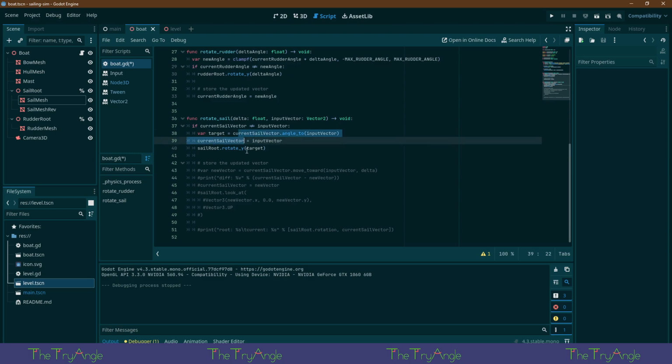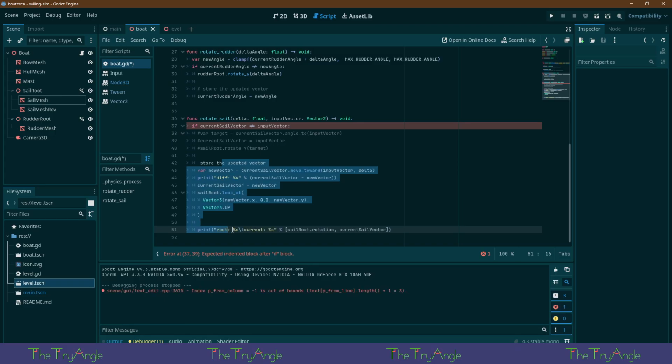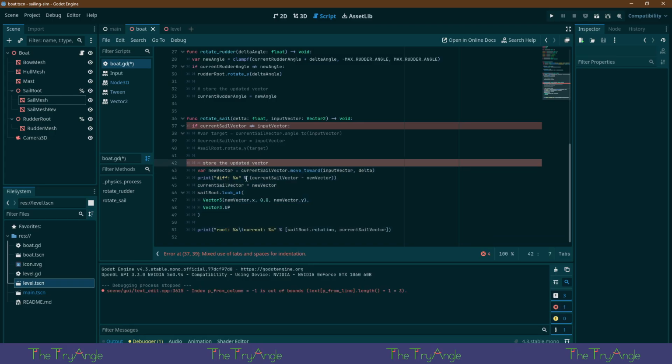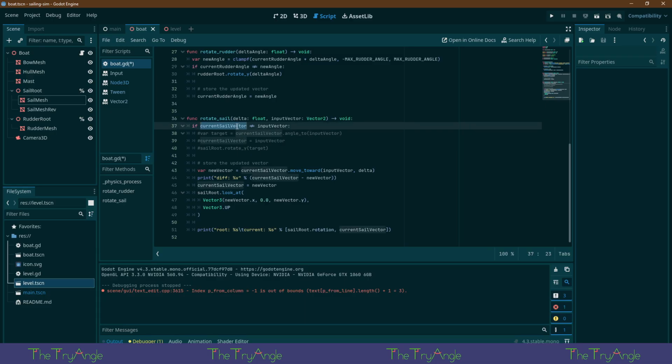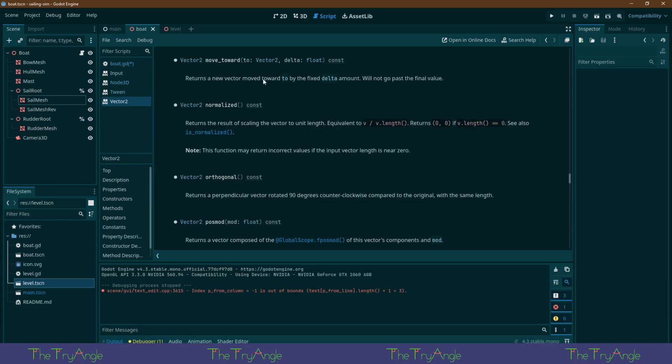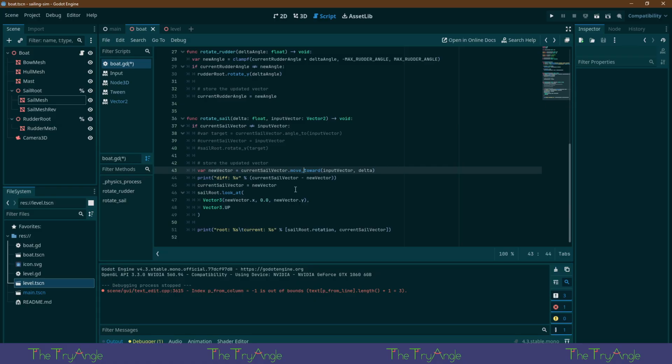I'm perplexed at why, doesn't this just work? Oh, come on. Help me, Tom Howard, please. It's like we have an input vector and a current vector, and we're moving towards it supposedly at, you know, a fixed rate.